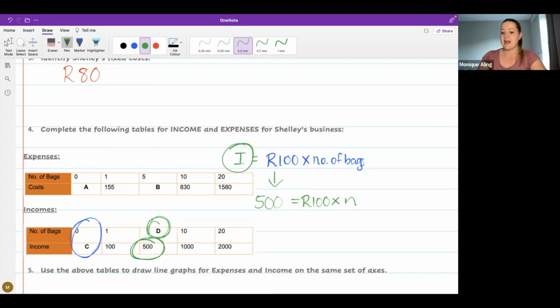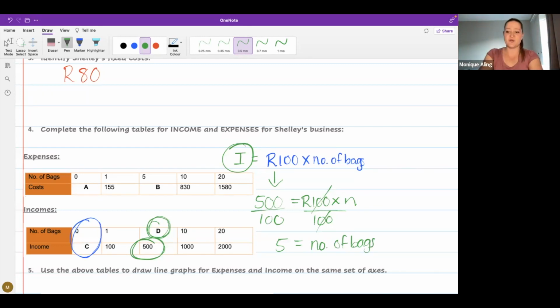And now we want N, number of bags, to be by itself because that's what we're working out. We always do the opposite operation. So because it's times 100, we're going to divide by 100. So we can get rid of the 100 here. But what we do to the one side of the equal sign, we must do to the other. So 500 divided by 100 is equal to 5. So it is 5 bags.